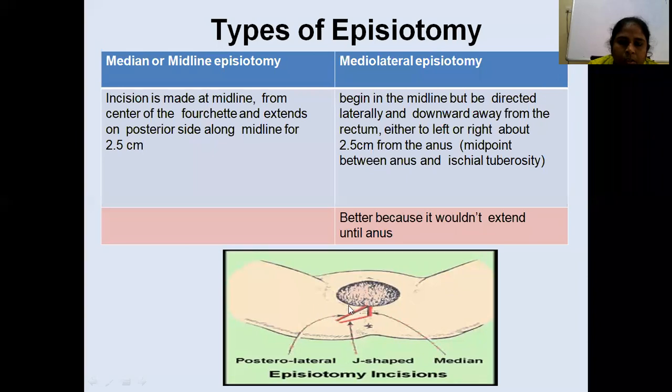But the main advantage of mediolateral is that if you cut only so much length, when the head expels out, this tear will get extended. So if you give a mediolateral, it will extend like this. But for a midline episiotomy, it will extend into the anus. So there are chances of anal injury in midline episiotomy. So we usually give a mediolateral episiotomy. Right mediolateral episiotomy is called RMLE.